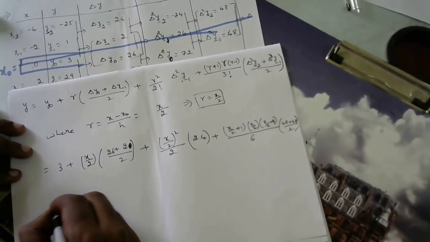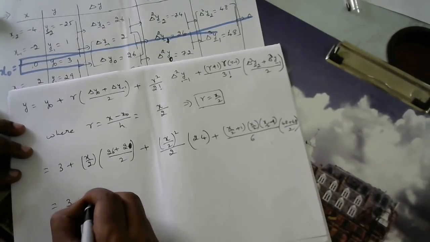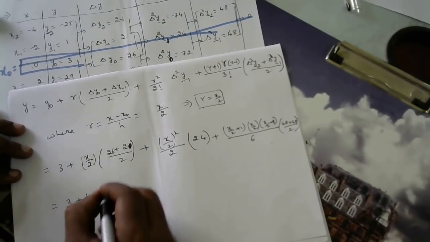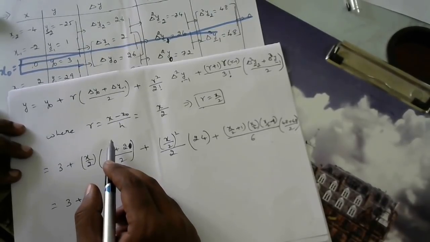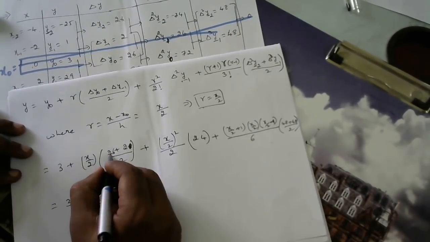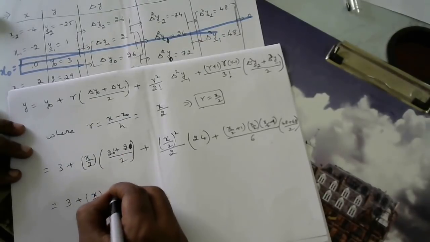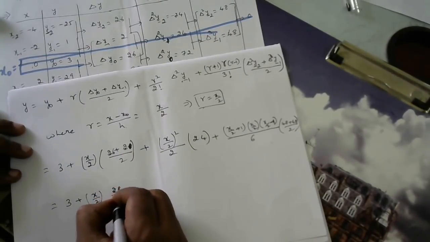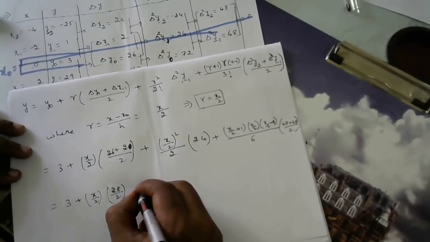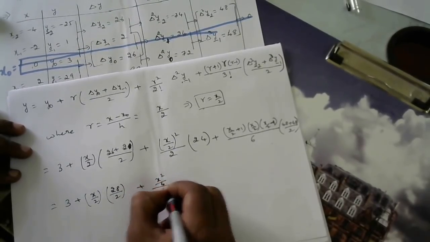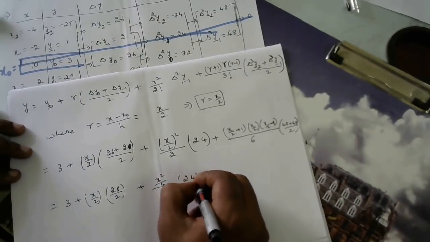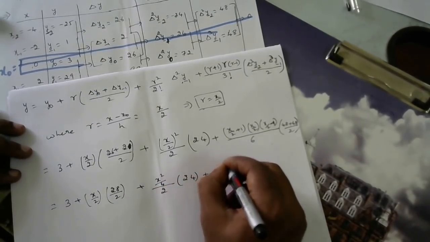So you get 3 plus x by 2 into 26 plus 28 divided by 2, plus x square divided by 4 divided by 2 into 24.